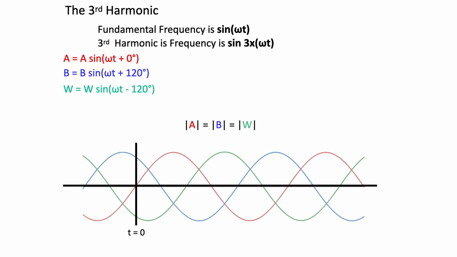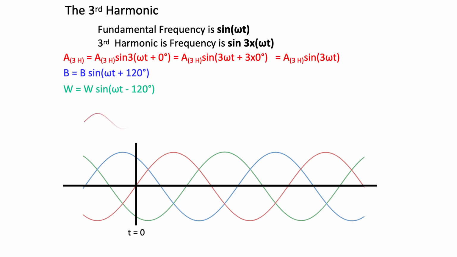And the following third harmonic magnitudes, A third harmonic, B third harmonic, and W third harmonic are also equal in magnitude. Now the red phase third harmonic frequency is given by a magnitude A3H times sine 3 times omega t plus 0 degrees.